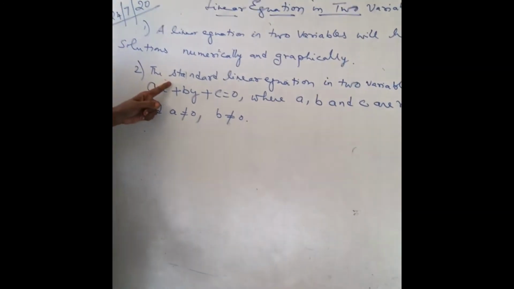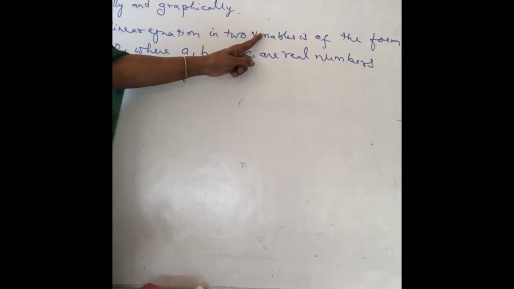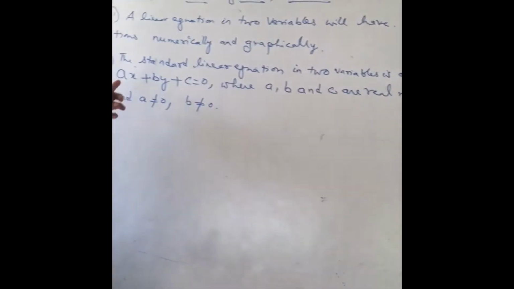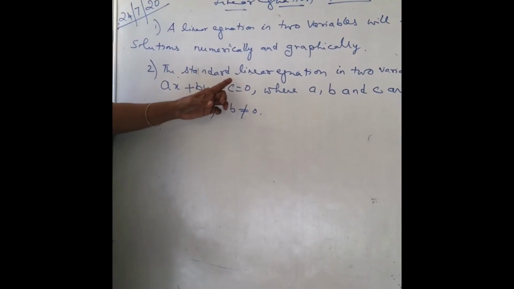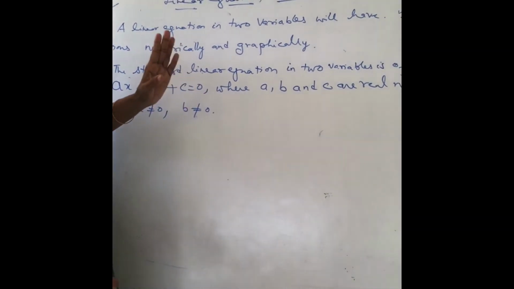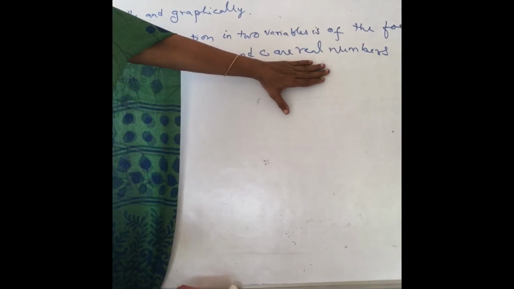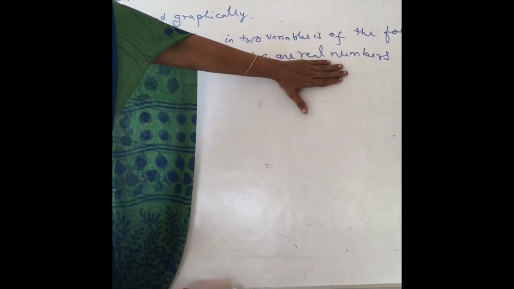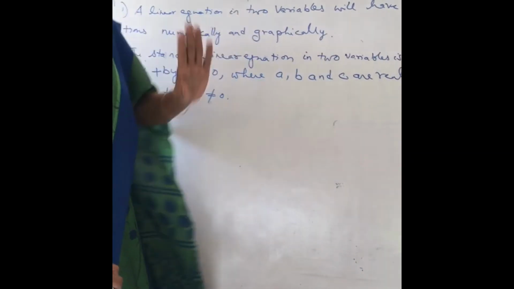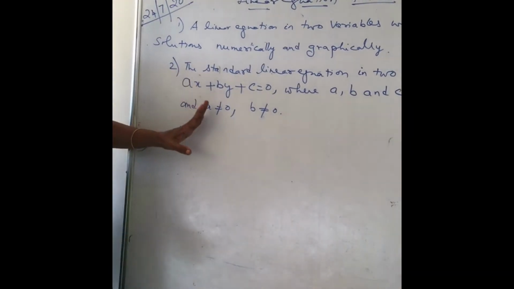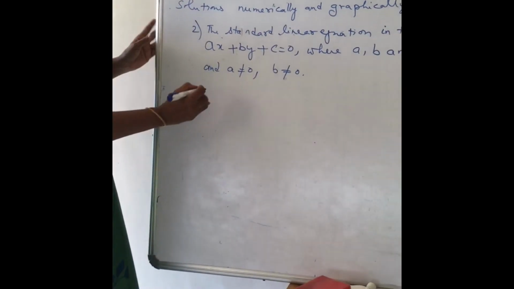When I say the word real numbers, children, they can be rational or irrational. But a value and b value are never equal to 0.